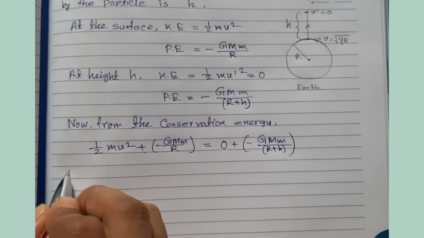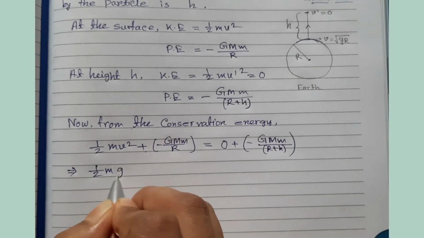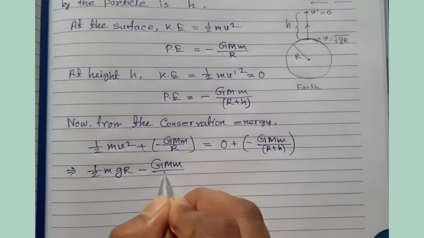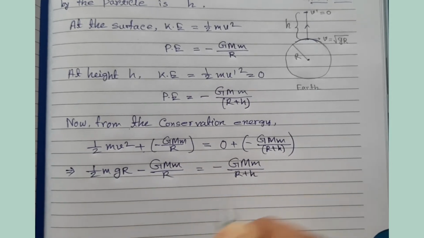Now we have to calculate. Putting v as root over gR, it will be half m gR minus G capital M small m by R, equal to minus G capital M small m by R plus h.